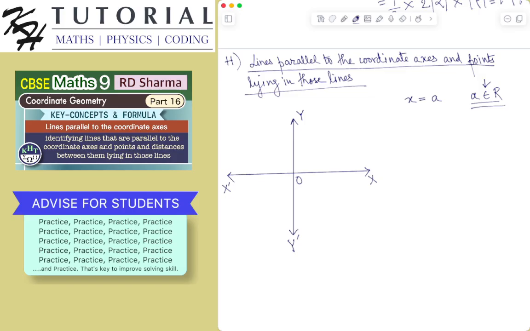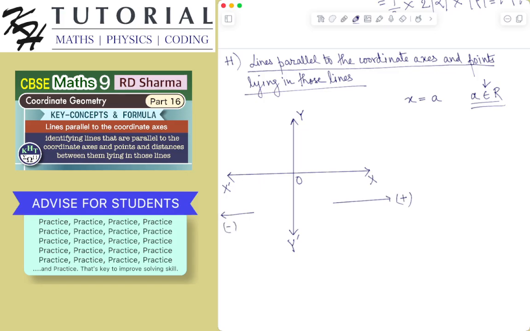So this equation represents a line which is parallel to the y-axis. Now, depending on the sign of the constant a, if a is positive, the line will be towards the right hand side of the y-axis, or along the positive direction of the x-axis. This is the positive direction of the x-axis. This is the negative direction of the x-axis.